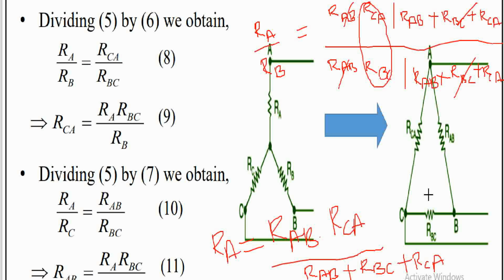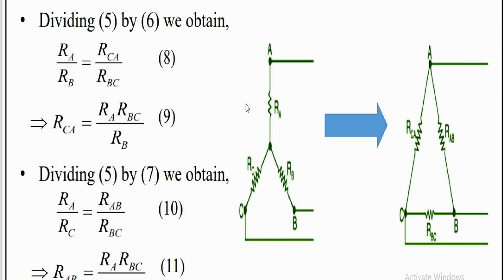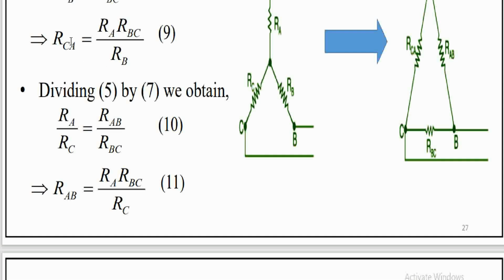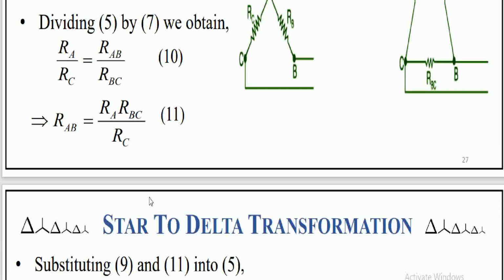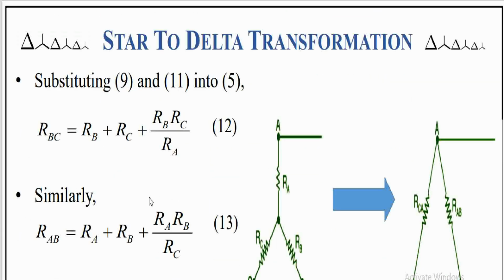Next, for getting delta resistances, we are doing two divisions, 5 by 6 and 5 by 7. By doing 5 by 7, we got the equation for RAB. By doing 5 by 6, we got RCA. This RCA is the repeated term in RA and RAB, that is the fifth equation.